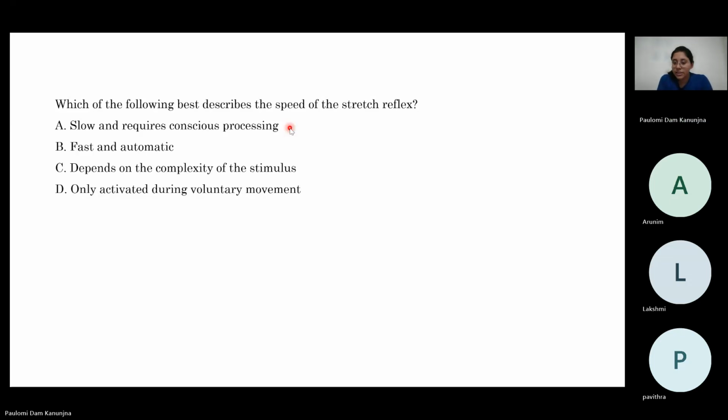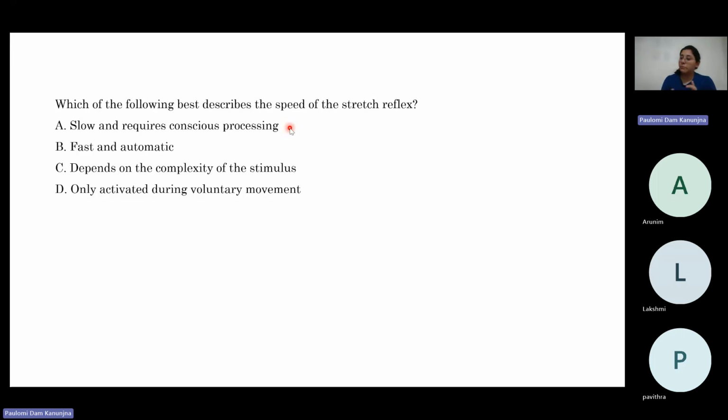A? Okay. Anyone else have any other option to give? Think. The cue for you to understand a speed kind of question is: what is the path, how long is the path the information has to travel?